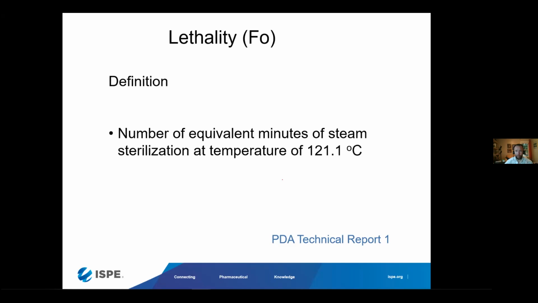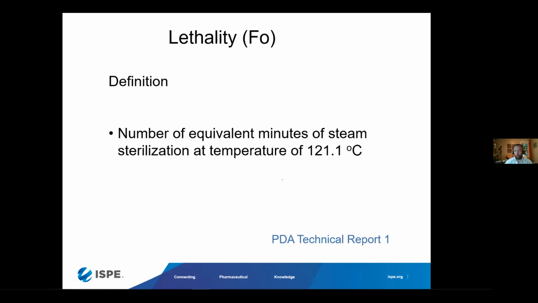121 degrees is our base temperature. 12 minutes in a sterilization cycle at 121 would theoretically reduce that population. However, if you had a higher temperature like 123 degrees, it would take less time on the clock to achieve the same microbial kill. So you would have a shorter cycle, presumably.